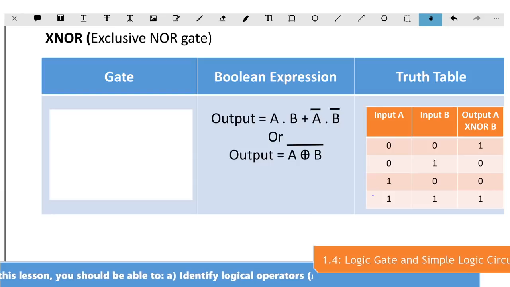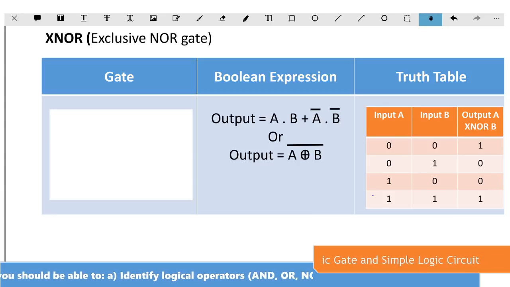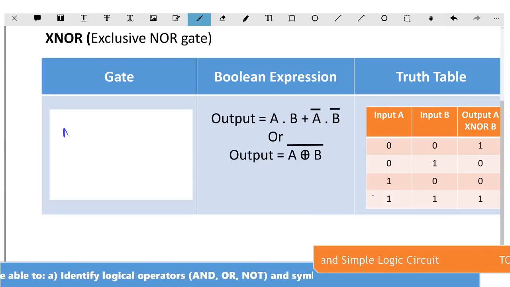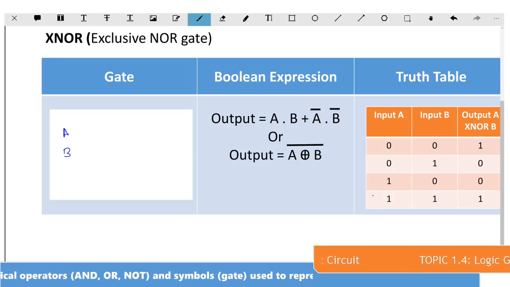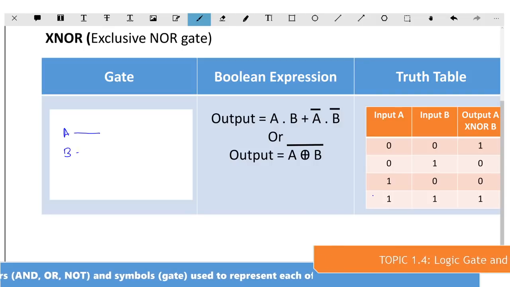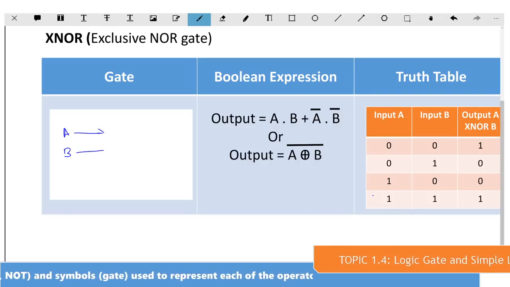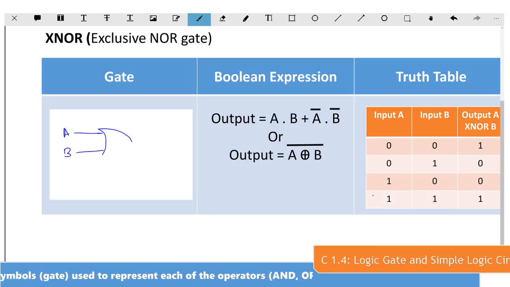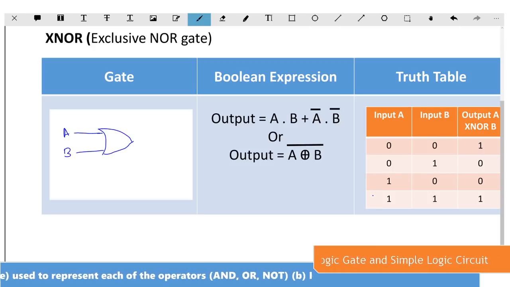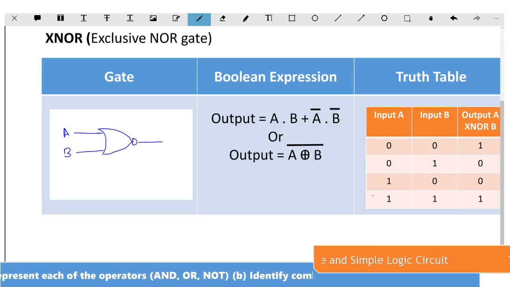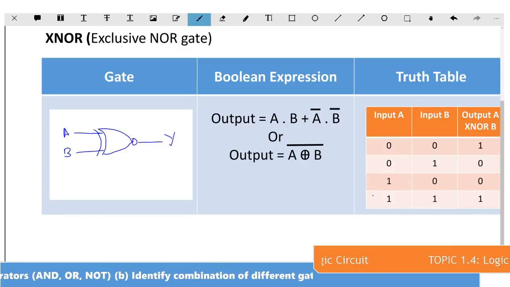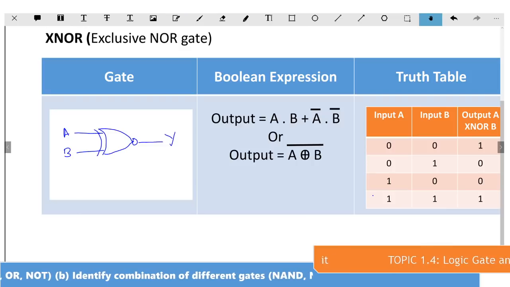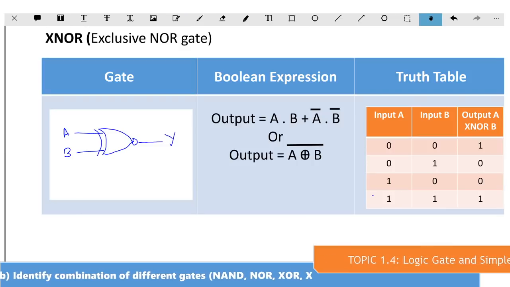The symbol of the XNOR gate is like this, A and B as inputs and Y as an output.